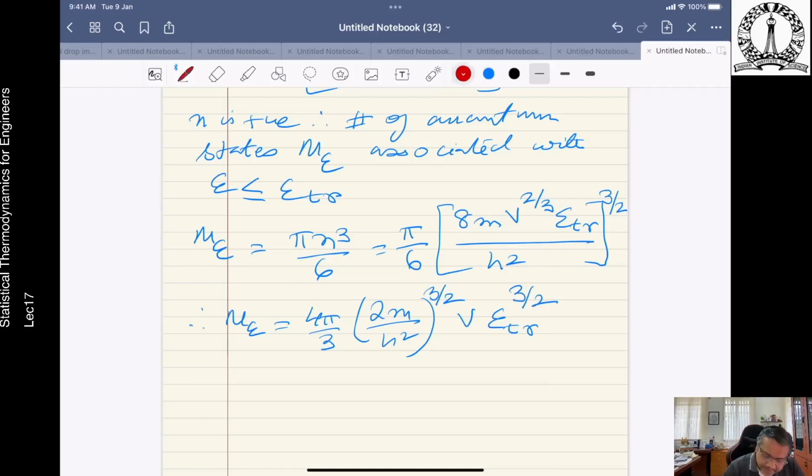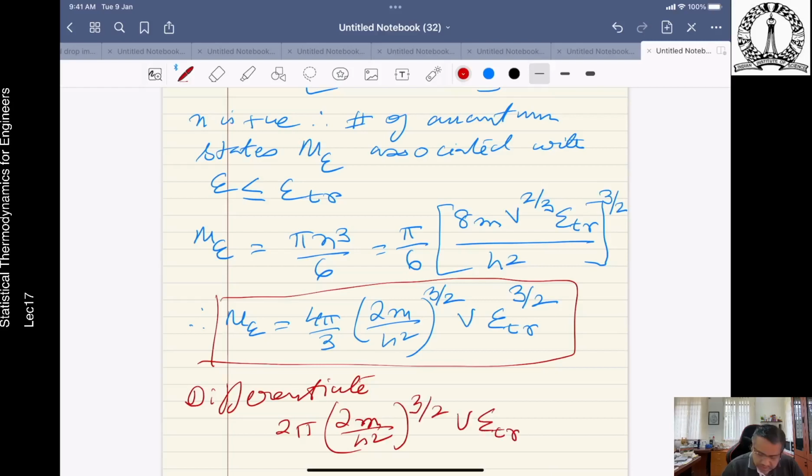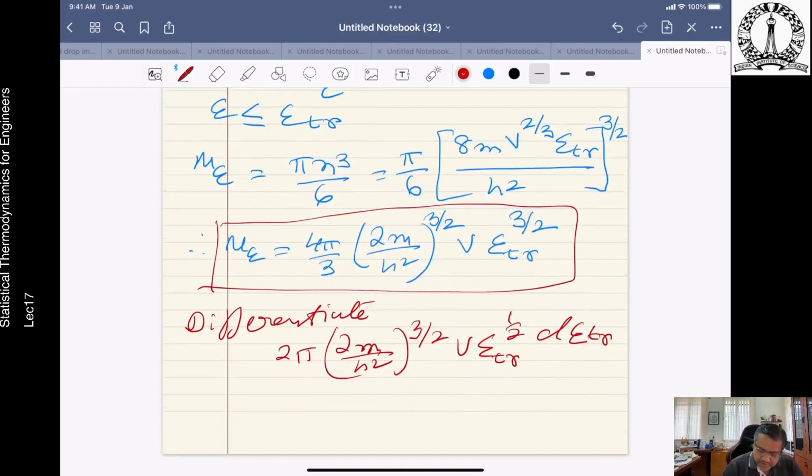So if you differentiate this, you will get 2 pi (2m over h squared) to the power 3/2 times V times E_translational to the power 1/2 dE.